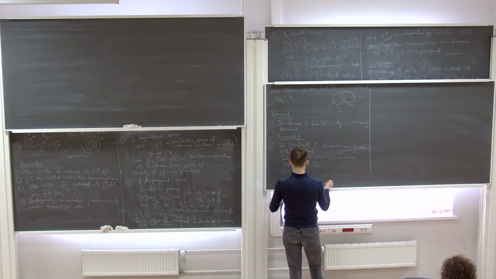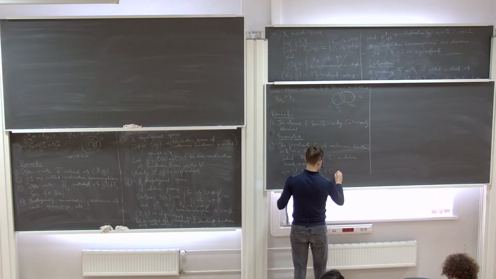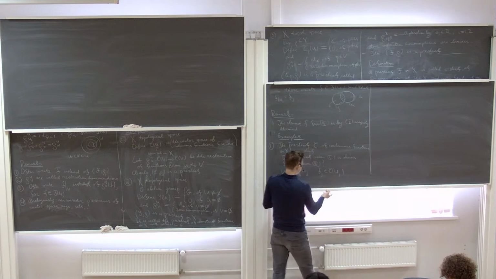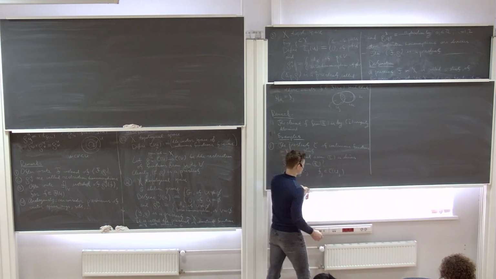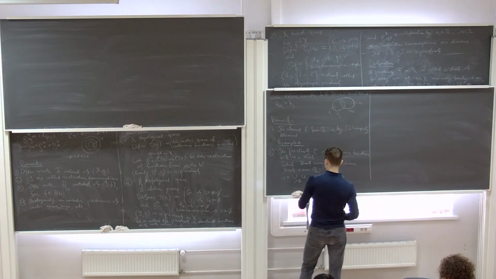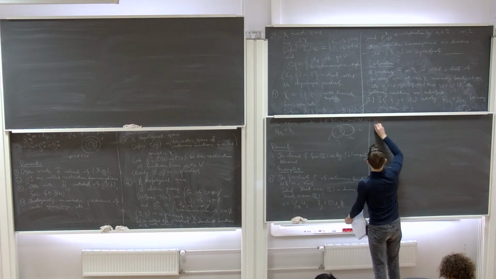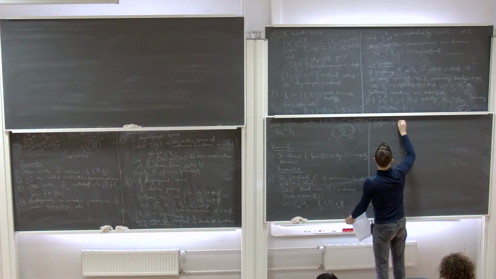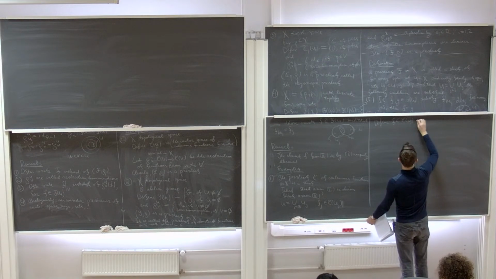And then you have fj in C of Uj. So you have continuous functions on these subsets. And then define f in C of U as follows.